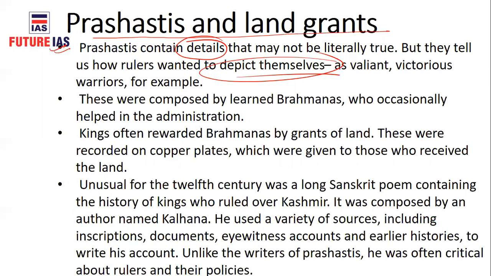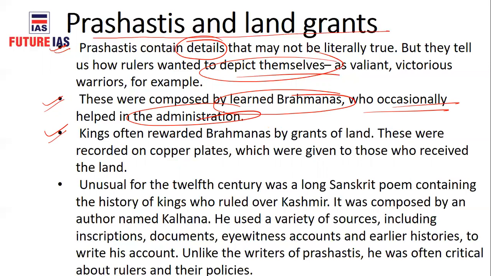And you must also understand that these prashastis, which were praise written in favor of a particular king, were mainly composed by learned brahmanas. And these brahmanas occasionally helped in the administration also, right? And that is how the integration of the brahmanas also increased in the kingdoms.